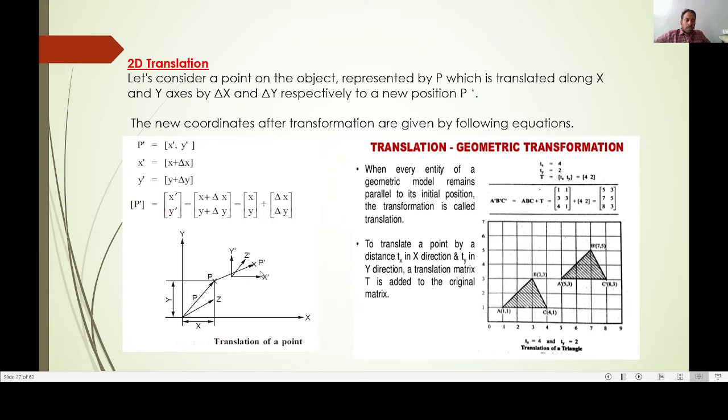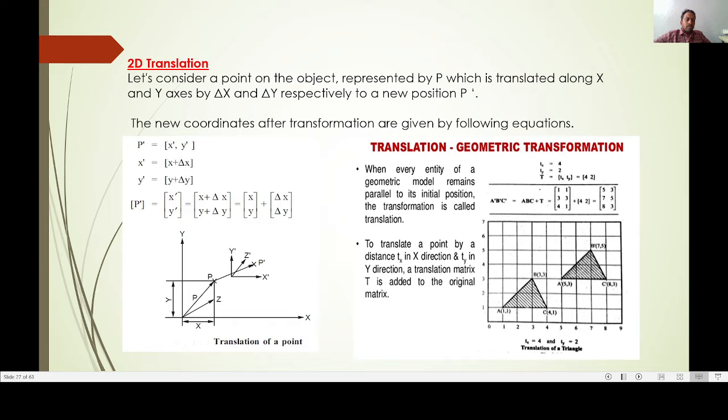With this drawing we can easily understand what exactly translation is. Here is the origin point. We have two axes, x and the vertical component y. This x and y point needs to move to the new point, x dash and y dash.